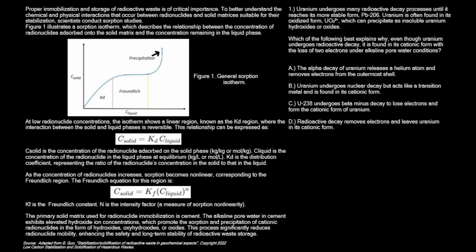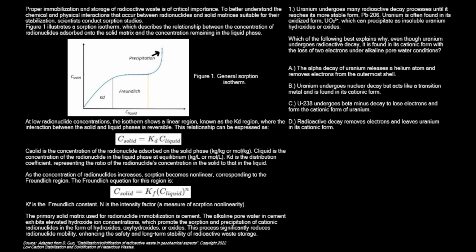Question number 1. Uranium undergoes many radioactive decay processes until it reaches its more stable form, Pb-206 or lead-206. Uranium is often found in its oxidized form, UO2 2+, which can precipitate as insoluble uranium hydroxides or oxides.